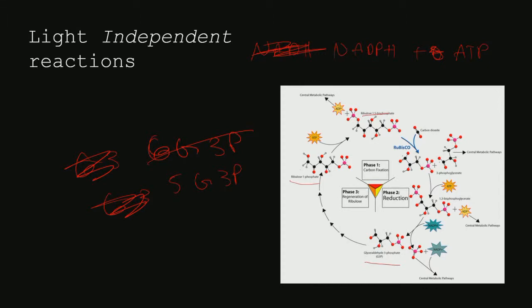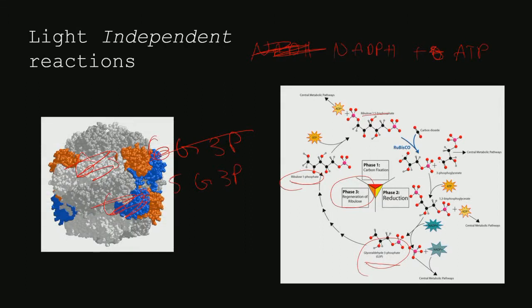because the rest are used in phase 3, or the regeneration of ribulose. Without this molecule, you can't have any of this happen, and you can't make glucose, right? So 5 of these are used to replenish our supply of ribulose 1-phosphate.